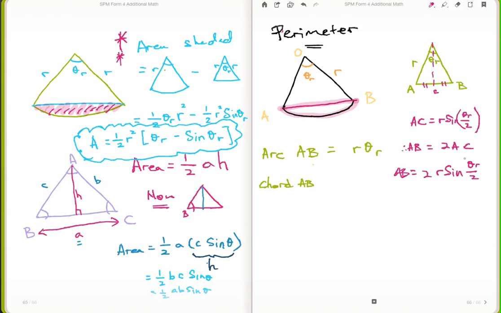I don't think you should memorize this, but you just need to know how to get this length. If you memorize it, it's no use, because you will forget it. You just understand this concept. Perpendicular line, bisecting line, left and right the same, so you get this length, the vertical line. And then you know this length is double of it.